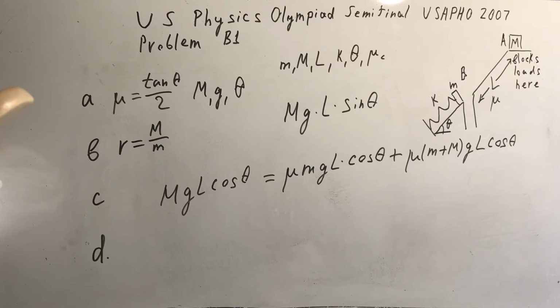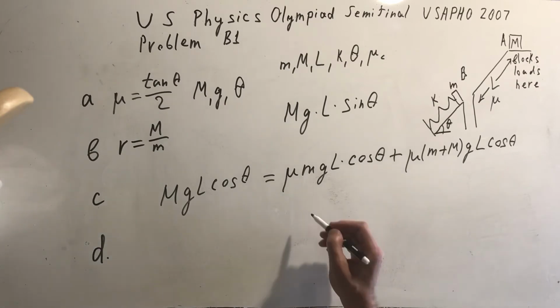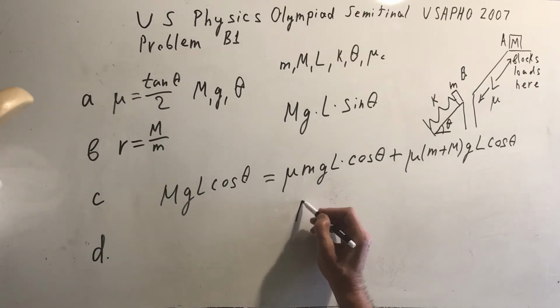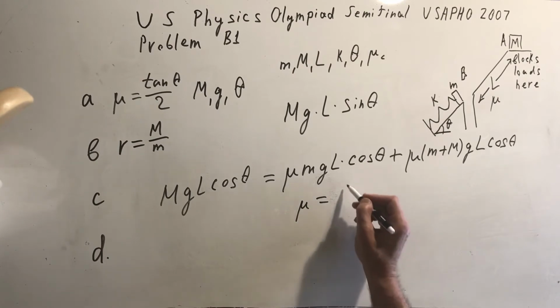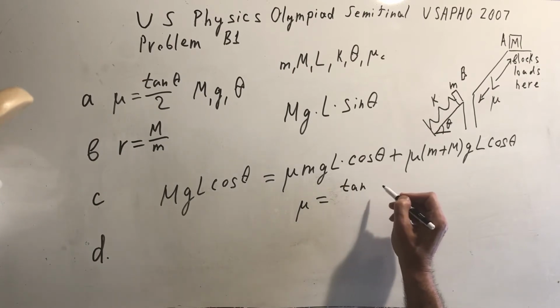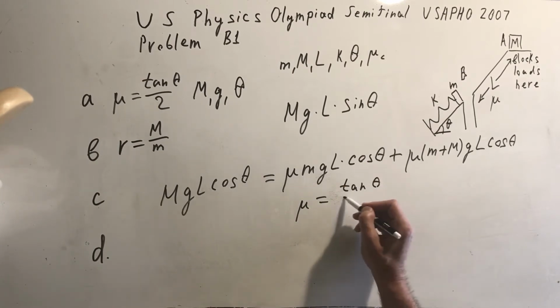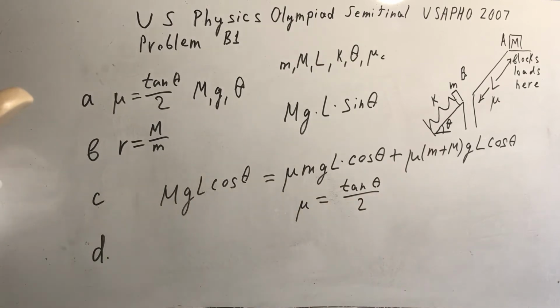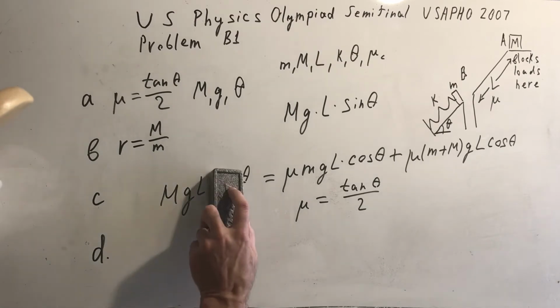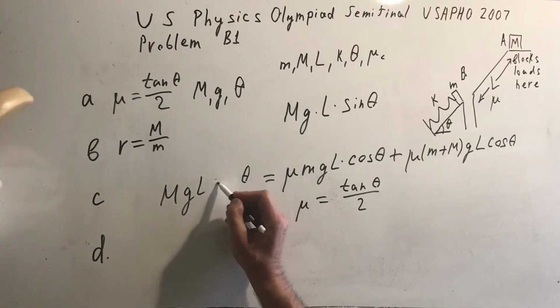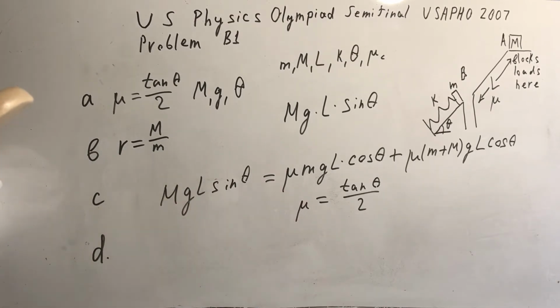So after that, because we have mu equal tangent theta over 2, we can put it here. Oh, this is not correct. This is sine theta.